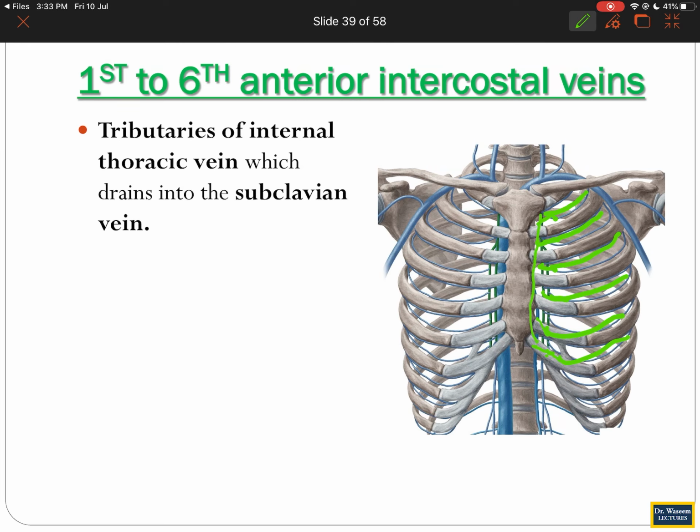And the internal thoracic vein is a tributary of the subclavian vein. On both sides, same, just like in the arteries. Subclavian coming from this side, and from the head and neck comes the internal jugular vein, both joined together to form the brachiocephalic vein.